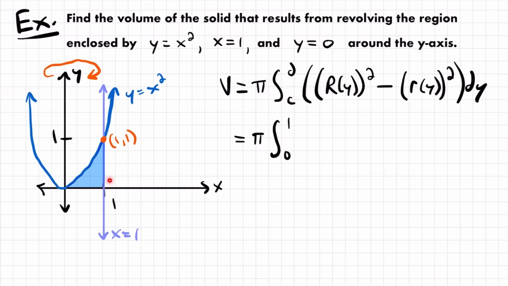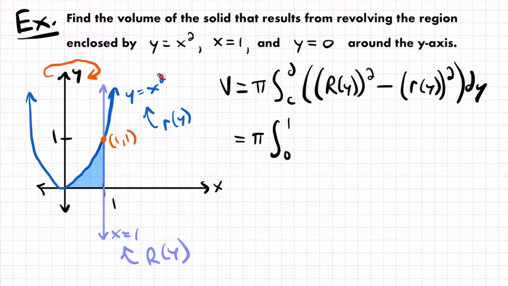This line is further away, right? If we were to revolve this region around the y-axis, this line would be the outside of that solid, and this part of the parabola would be on the inside of that solid. Okay, and so x equals 1 is going to be our outer radius, capital R of y, and y equals x squared is going to be our inner radius, small r of y.